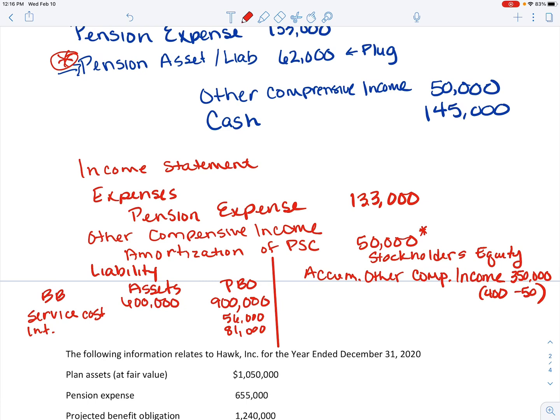Some of the numbers that affect our plan assets are our return, which was $54,000, and our contribution, which was $145,000.